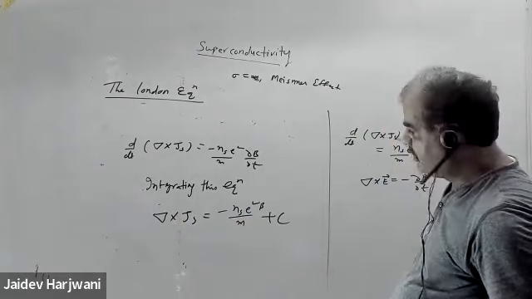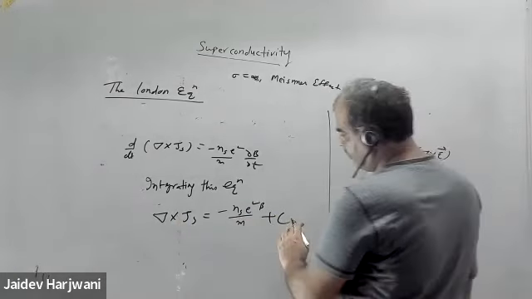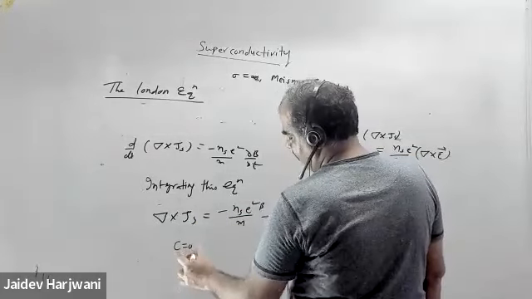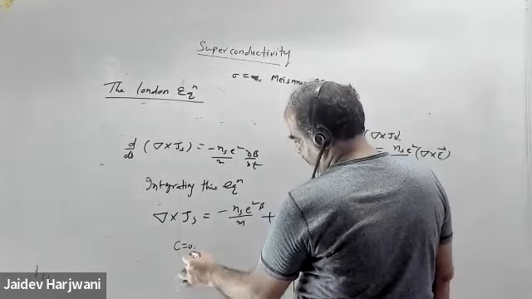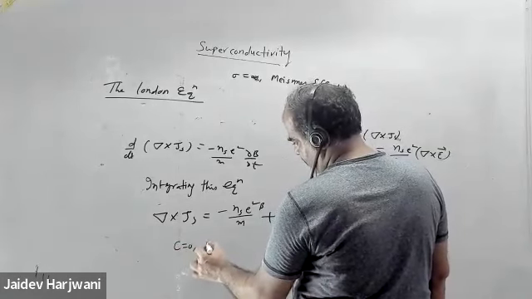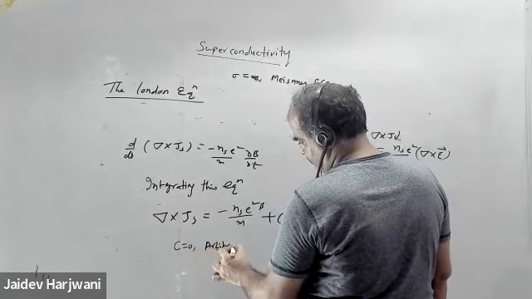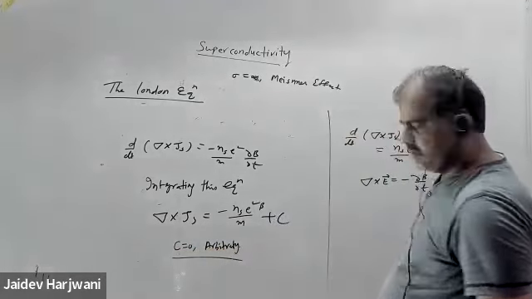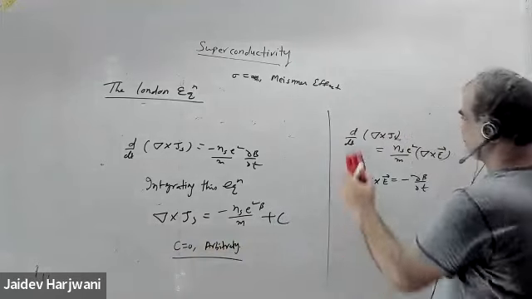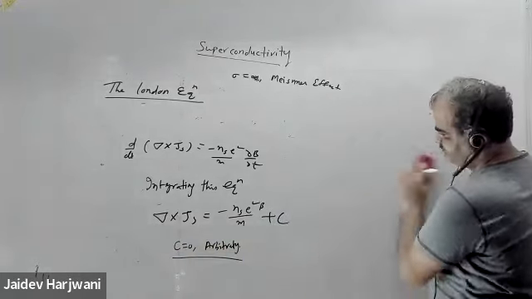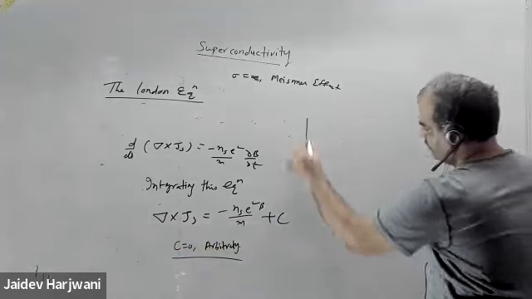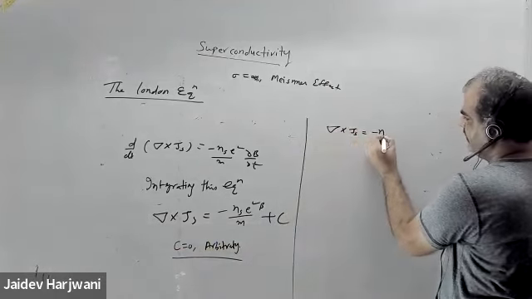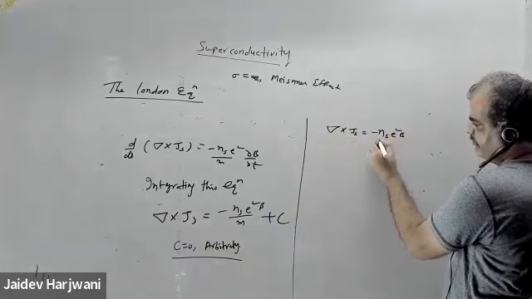Now what London did, he took c equal to 0 arbitrarily. So when c is equal to 0, I can write this equation: delta Js equals minus ns e square B upon m.